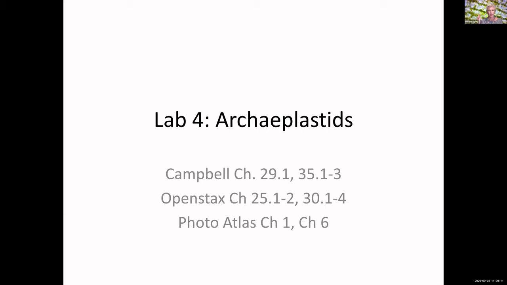You might recognize this as a leaf from Elodea. So it's an aquatic green plant, and we can see the chloroplasts and the cell wall in this cell. When we talk about archaeplastids, that chloroplast is an example of a plastid. So it's an organelle that we find in a single-celled or multi-celled organism that has some kind of photosynthetic pigments in it.